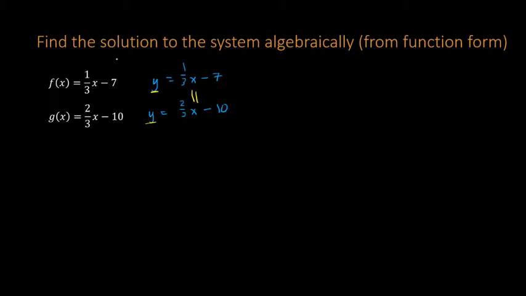So I'm going to rewrite them and use substitution. You can think of it as taking this value, since it's equal to y, and substituting it right here. So I get 2/3 x minus 10 equals 1/3 x minus 7.